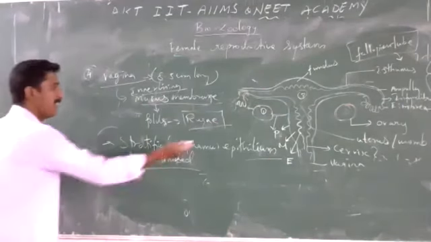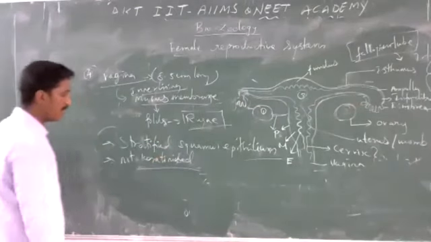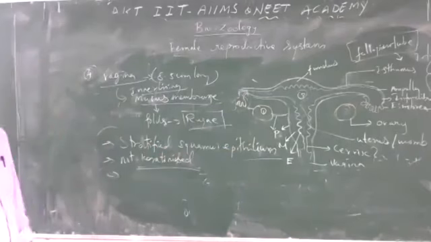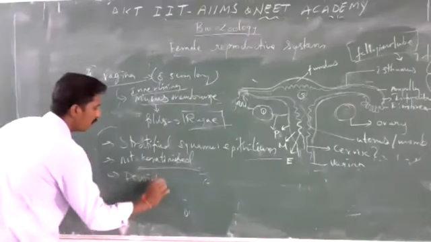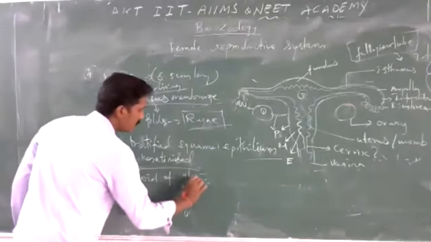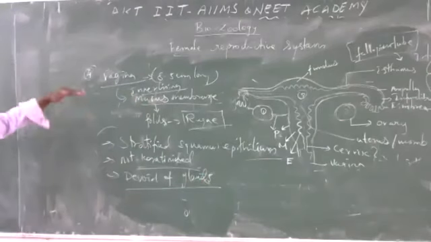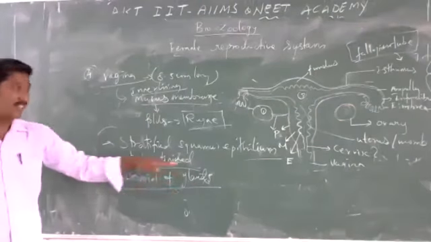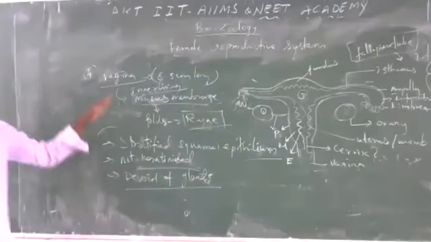Here, that layer is not keratinized, only stratified squamous epithelium. One more important point: the vagina is devoid of glands. It has no glandular or secretory cells.